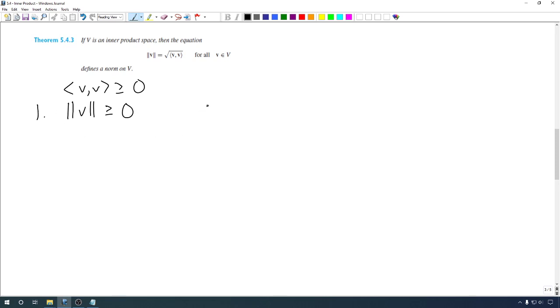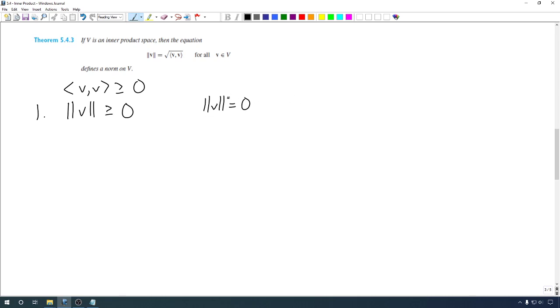The other part of property 1 is what happens when the norm equals 0. We want to know that this only happens when v equals 0, and that it does happen when v equals 0. Well, if v equals 0, we already know that the inner product of v with itself is going to equal 0. So this norm is definitely going to be 0.